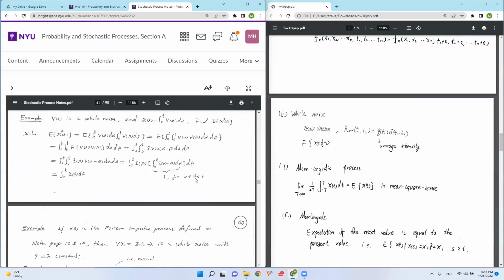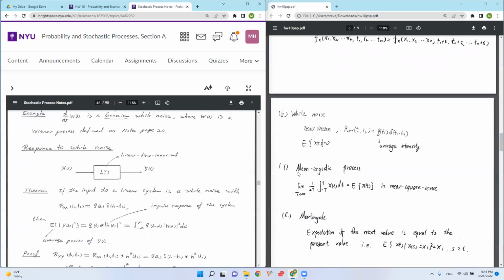And the next one will be the mean ergodic process. It basically means that for any process with an expected value and a large enough amount of samples, the sum of the samples divided by the number of samples is equal to the mean, which is its expected value.